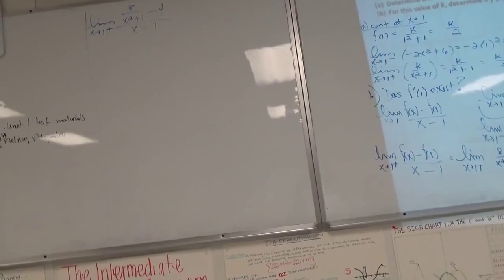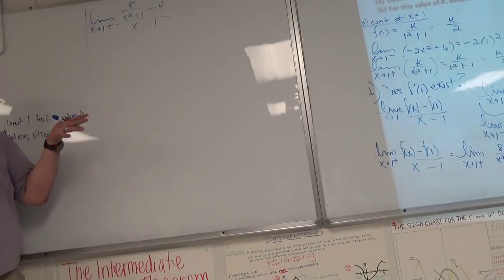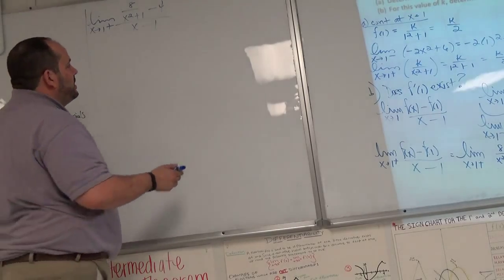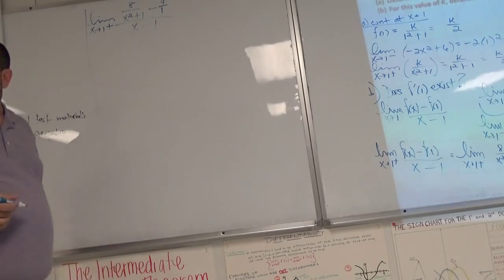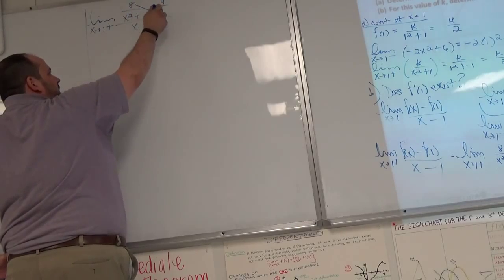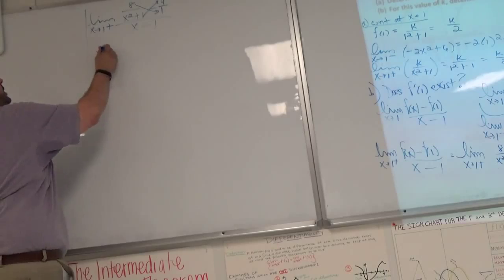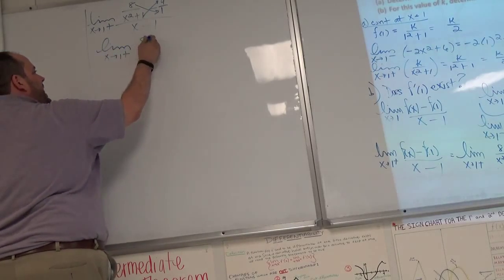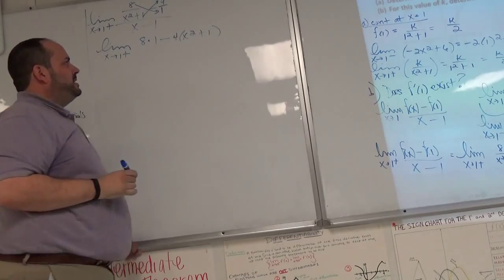For the folks that are with me, what's your first thought? You see this 8. Jasmine, what do you see? Do the cross multiplication on the top. Okay, right. So 4 is really like 4 over 1. Maybe that makes it a little bit easier for you guys to see it that way. And then that Mr. S thing that he did, he'd say, okay, this guy times this guy minus that guy times that guy in the numerator. So you get the limit as x approaches 1 from the right, 8 times 1 minus 4 times x squared plus 1.